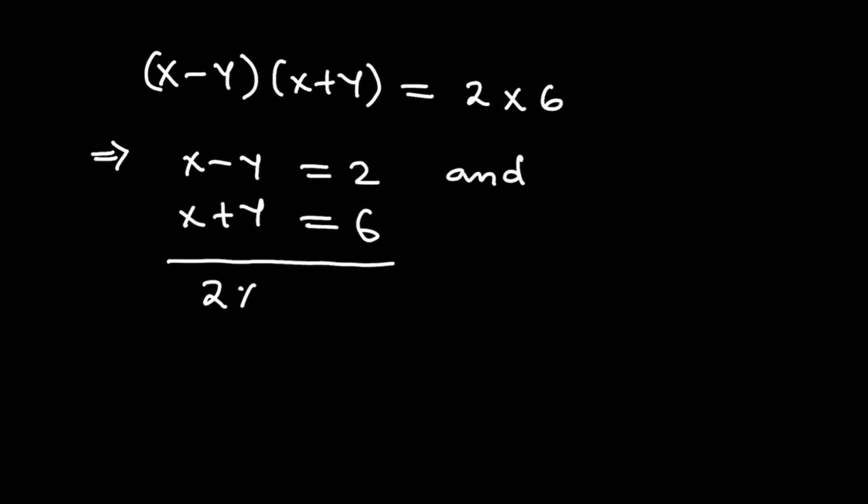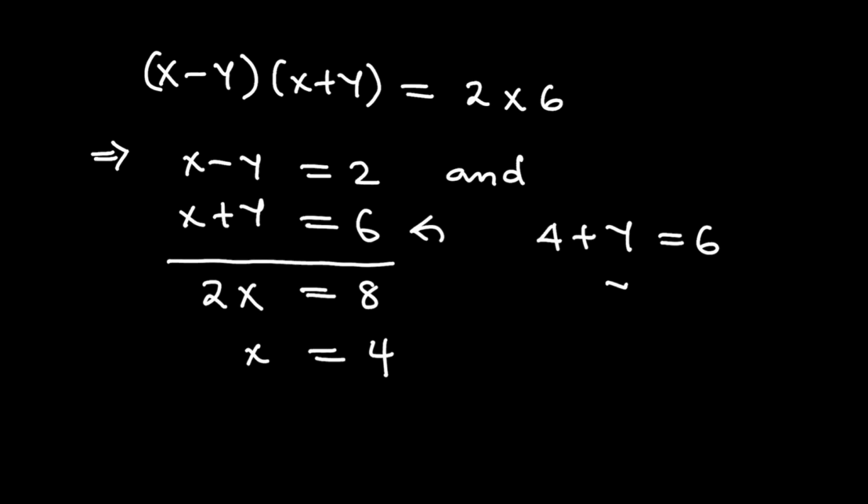So we have 2x is equal to 8, and if we solve for x here, we see x is equal to 4. Going back into this equation, x is 4 now, so we say 4 plus y is equal to 6, meaning that y is now 6 minus 4, y is equal to 2.